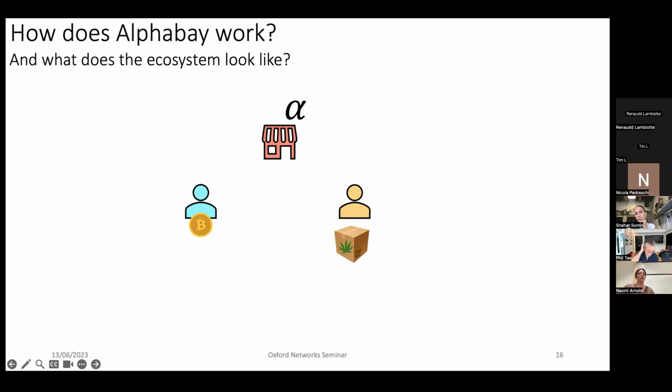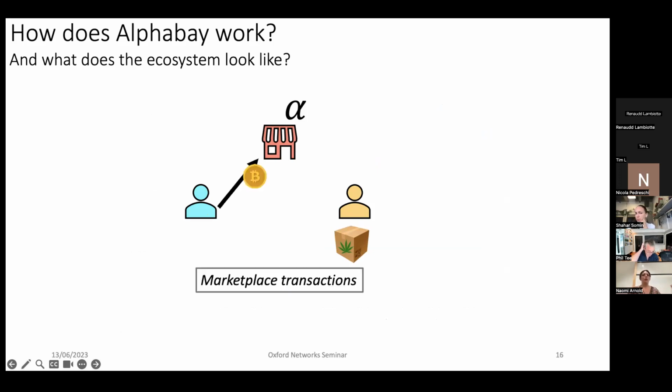If you see something you want to buy, you make a transaction to AlphaBay as an escrow, and then the seller sends you the goods, like this parcel here, and provided you have received the goods, you can give AlphaBay the okay to release the money. So it has this sort of conveyance type motif of receiving and then sending out.